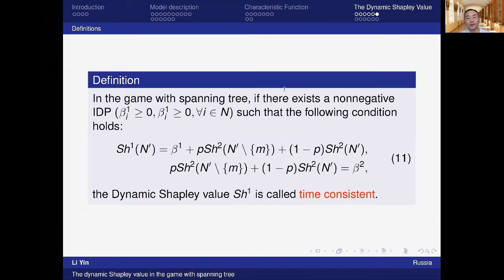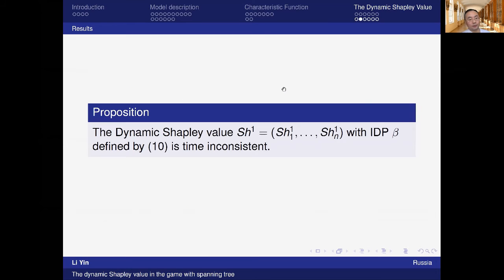If in the game with spanning tree there exists a non-negative IDP that satisfies the following, then this dynamic Shapley value is called time consistent. But unfortunately, the dynamic Shapley value with IDP defined before is always time inconsistent.